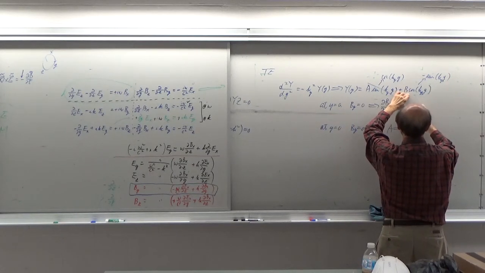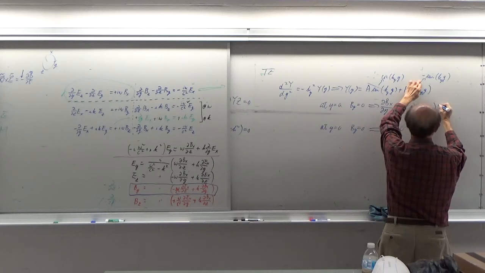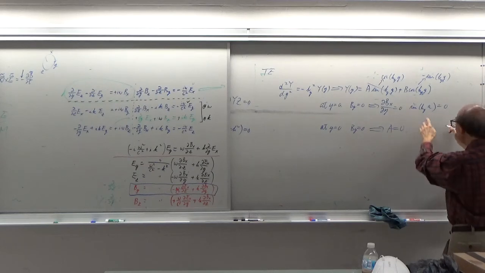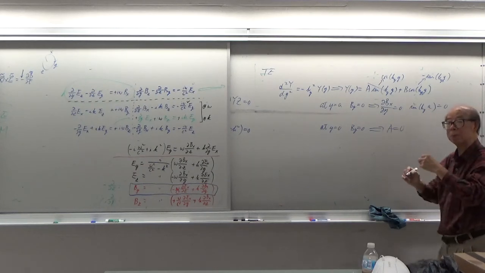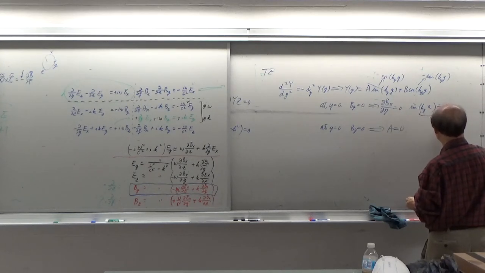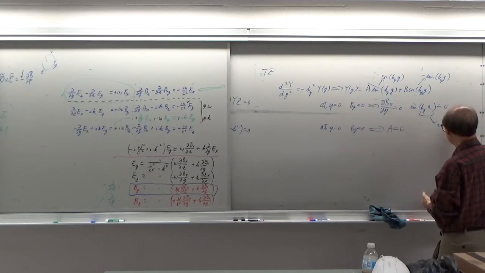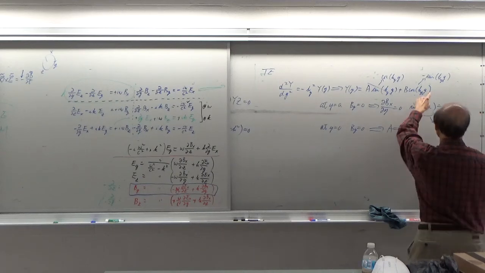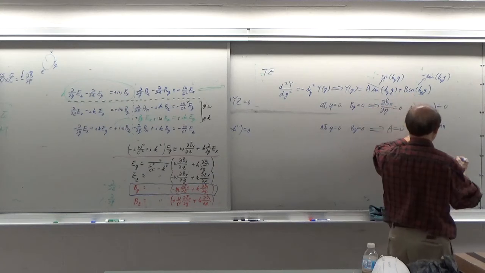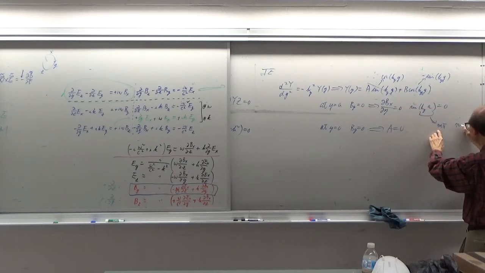That means sine of ky a has to be 0, which means ky a has to be an integer multiple of pi. Let me call this integer m, times pi. Since this involves the cosine function only, which is even, it suffices to keep non-negative integers. So m is 0, 1, 2, etc.